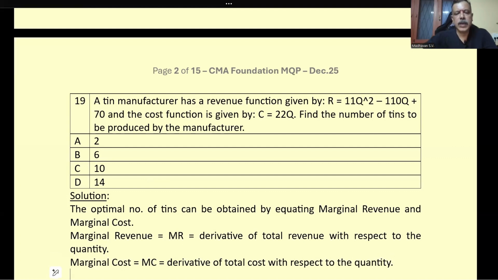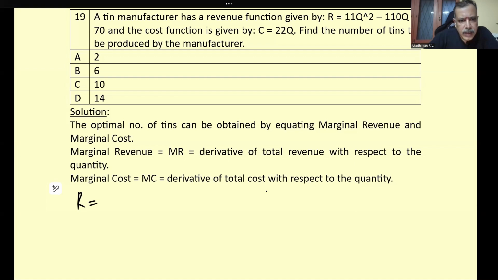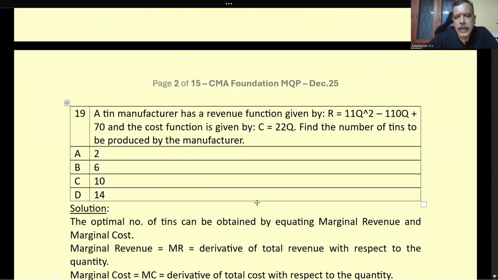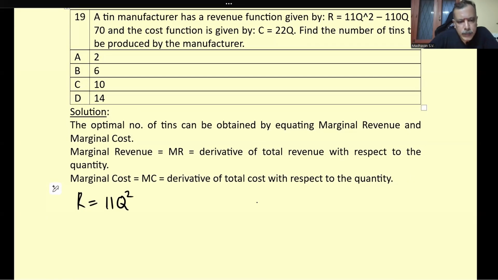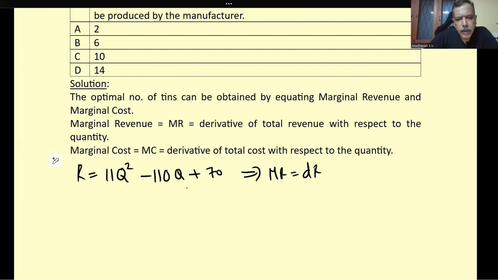So let us find out those two, marginal revenue and marginal cost. Revenue is given as 11Q square minus 110Q plus 70. This means the first derivative, that is marginal revenue, is the derivative of this with respect to Q.